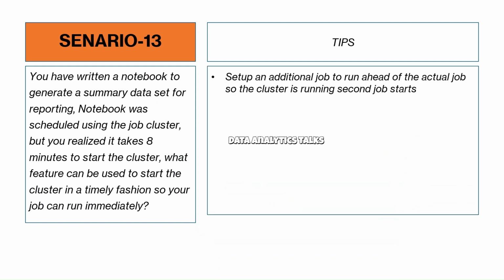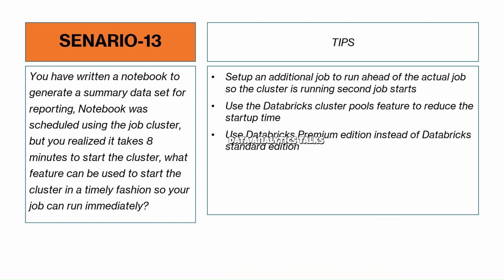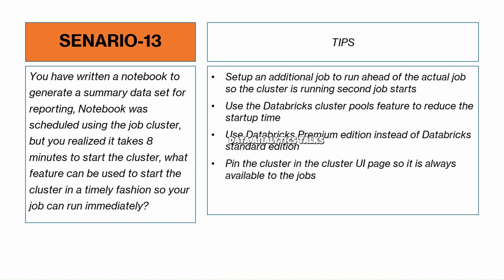Options: set up an additional job to run ahead of the actual job so the cluster is running when the second job starts. Use a Databricks cluster pools feature to reduce the startup time. Use Databricks Premium Edition instead of Databricks Standard Edition. Pin the cluster in the cluster UI page so it is always available to the jobs. Disable auto termination so the cluster is always running.